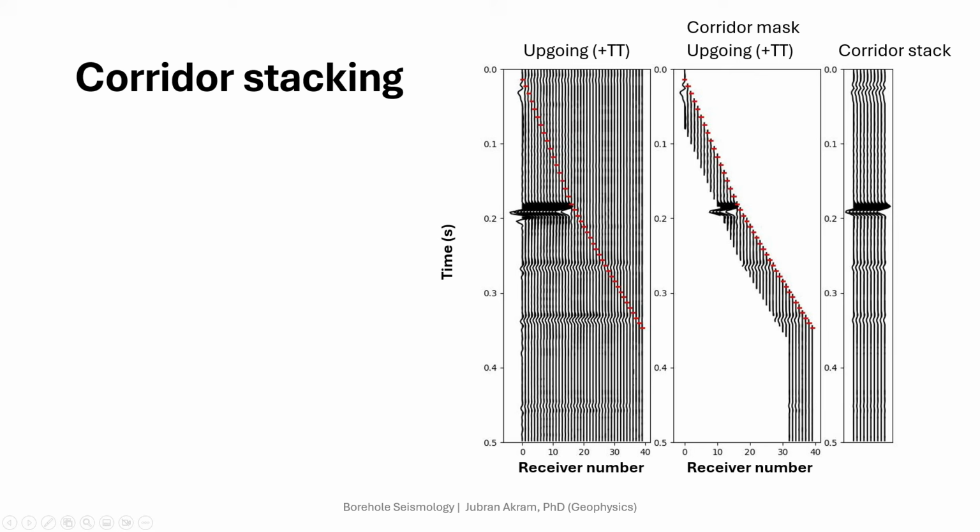This process is also very simple. Now we convert the upgoing to two-way travel time. Now we have a flat reflector here, and we could see we have three reflectors. Then we only keep the data in a narrow muted window very close to the first break peaks, and that's what we see in the center panel, and then we stack these traces and we get one single stack trace.